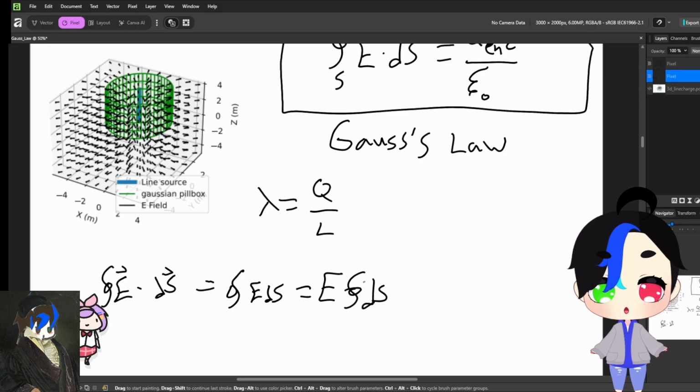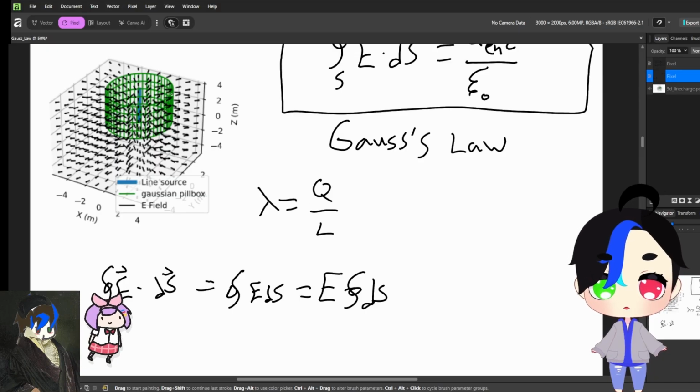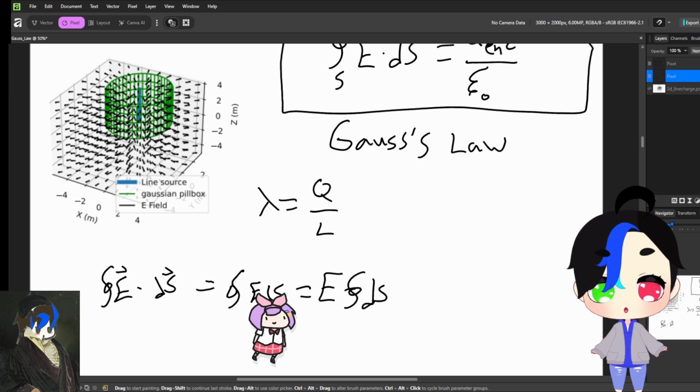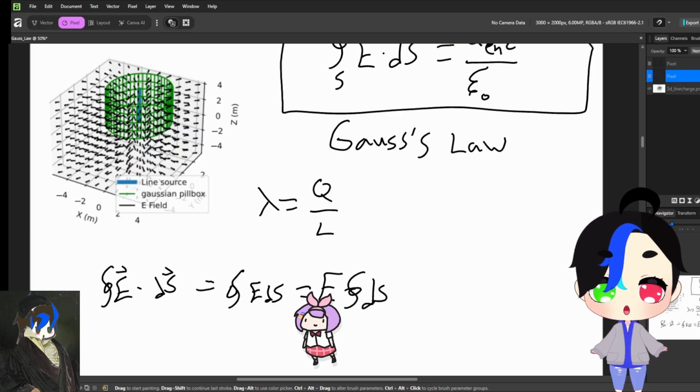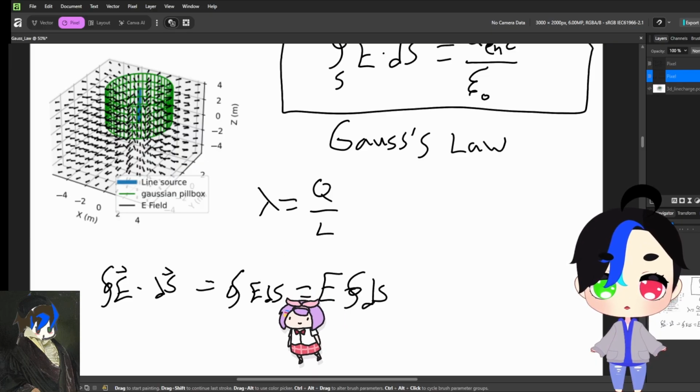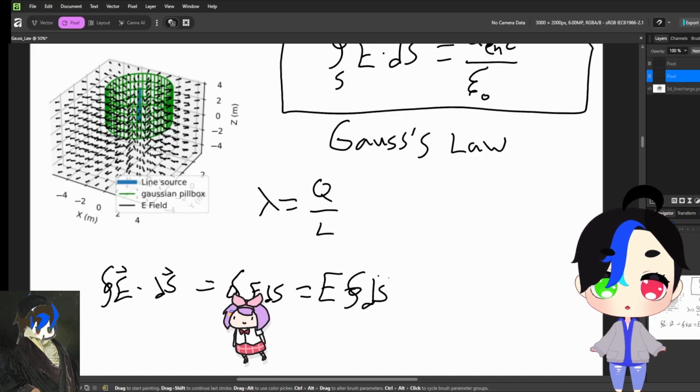As you can see, no E field points up or down out of the top or bottom of the cylinder, so that contribution becomes zero. The surface area of the side part of the cylinder is 2 pi r times h. In this case, I'm going to call it the length, because it corresponds to the length of your line charge.